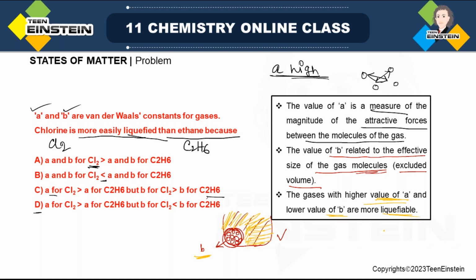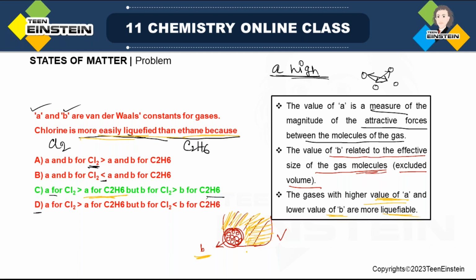So that is the reason we see that A for chlorine is greater than A for ethane, because only then is it possible that you can do the liquefaction very easily, since it is already mentioned that it is more easily liquefiable than ethane.